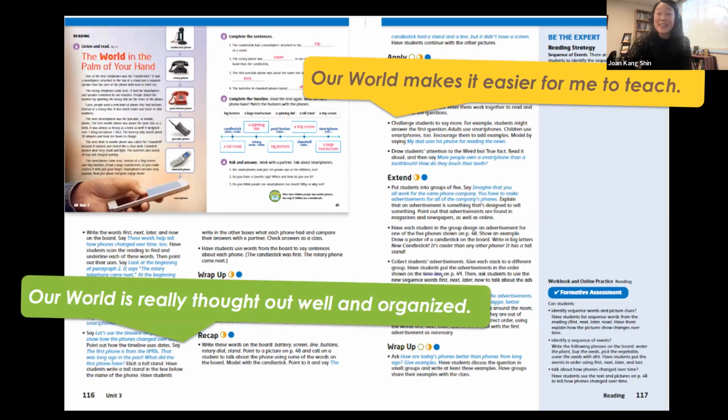By the way, when I went to Brazil and I was talking with teachers using Our World, I actually came across a teacher who was very experienced, and she said that she actually creates her own lesson plans and doesn't really need a lesson planner. But she said that one day she decided to do an Our World lesson plan exactly as it is in the book, including saying the teacher talk in blue.